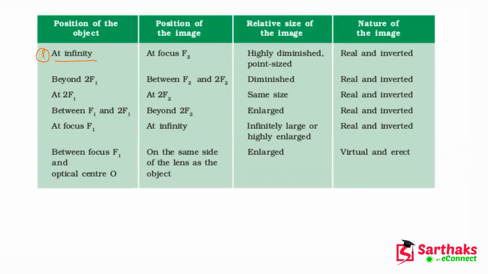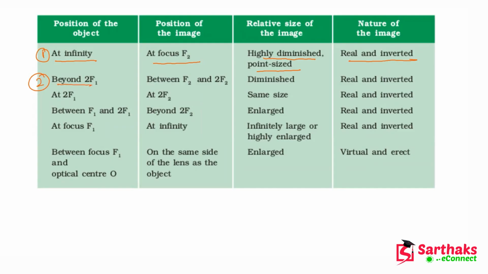So where is the image formed? At focus f2. Okay, and this is the size of the object, sorry, this is the size of the image, and size of the image was highly diminished or point size. Now, what was the nature of the image? Real and inverted. This is the second case where we had placed the object beyond 2f1.